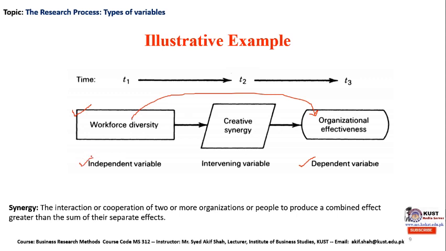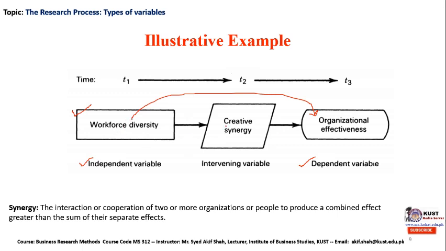Now we know from our previous example that the more diversified the workforce, the higher the organizational effectiveness, only and only if there is managerial expertise to utilize the workforce diversity.